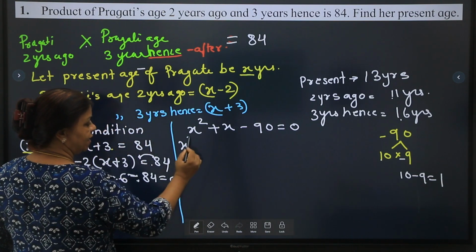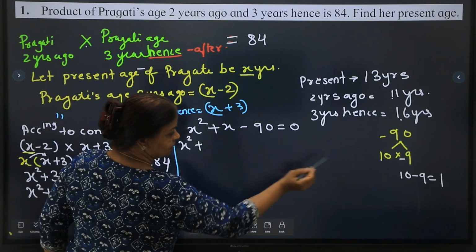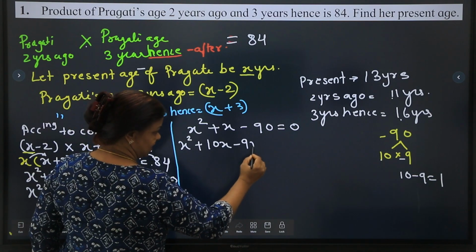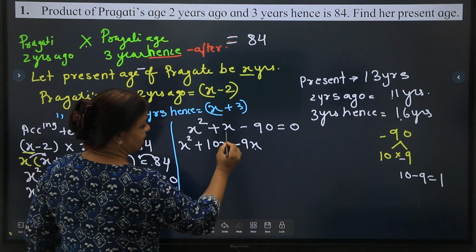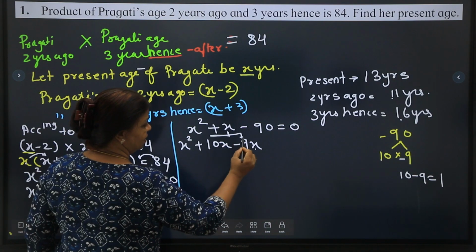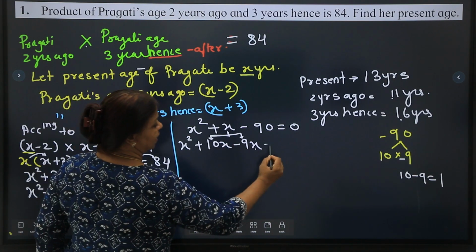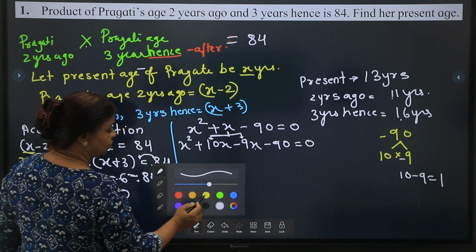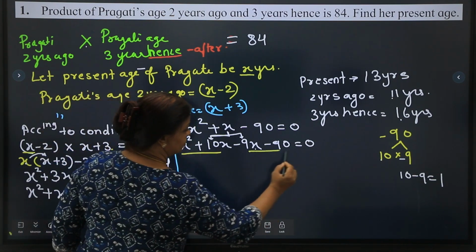So x square plus 10x minus 9x, because 10x minus 9x is 1, clear, minus 90 is equal to 0. Now from here we have to take common.